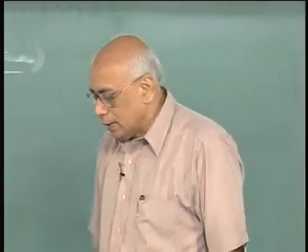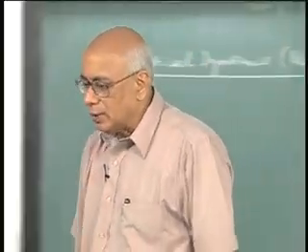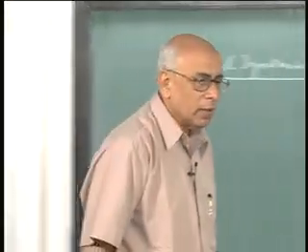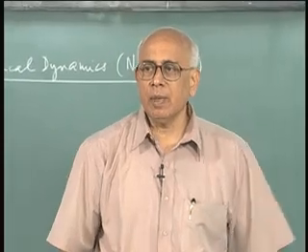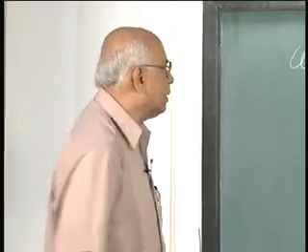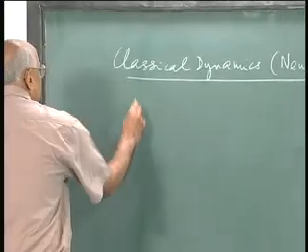Okay. The first topic we would like to take up is the idea that the mechanics of a particle which you study in say physics 1 can be generalized to systems of particles, many particles taken together, and the first concept that we would like to get clear is that of degrees of freedom. So let me illustrate that.